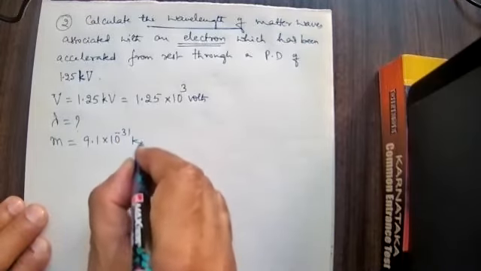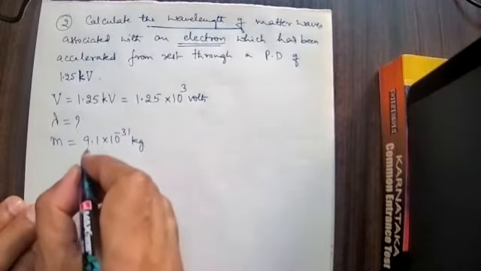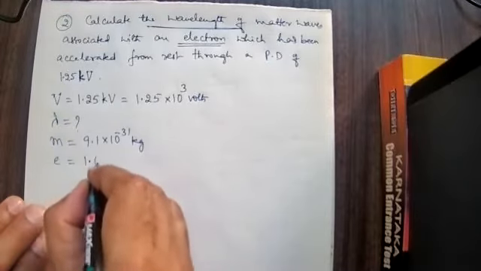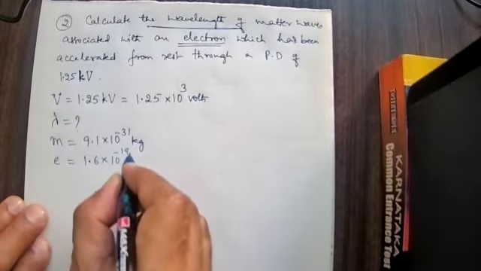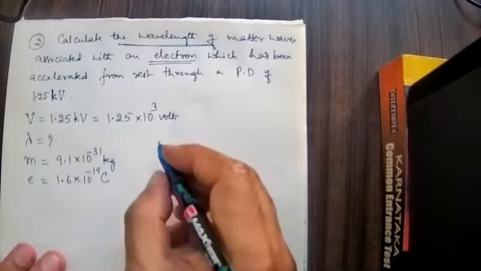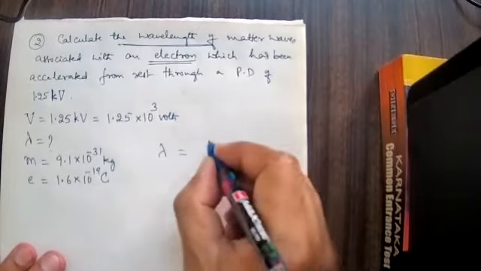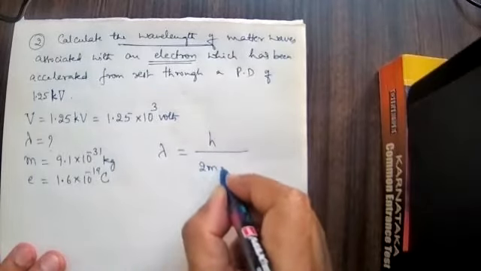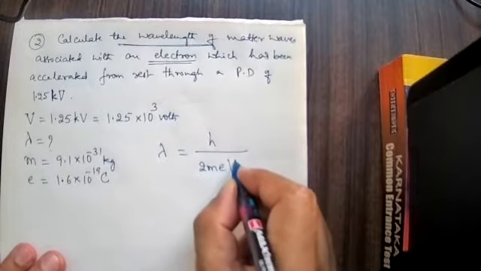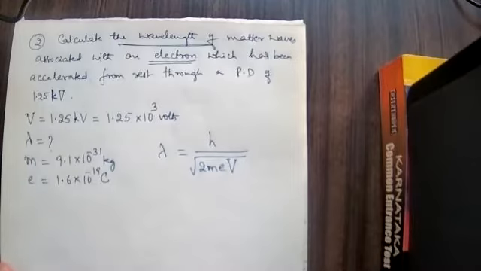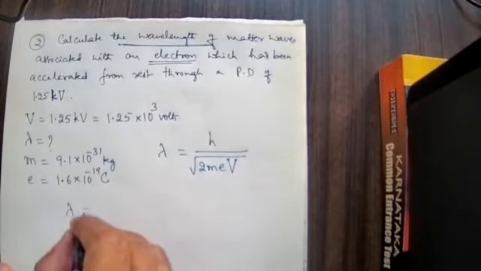This is applicable only for an electron, these constants I am writing. Now the concerned formula, lambda is equal to h divided by square root of 2meV. Given the voltage, substitute and get the answer.